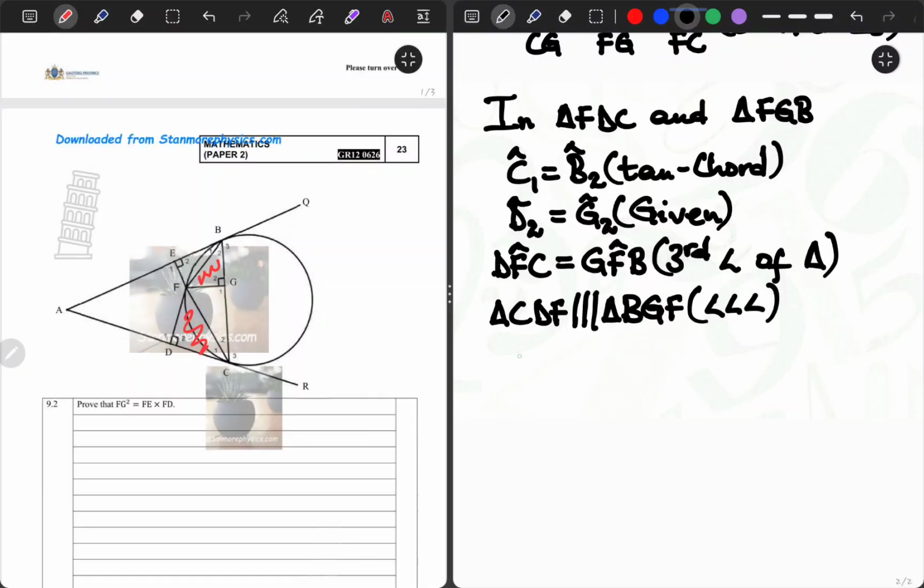We've got CD over BG, which is equals to FD over FG, and lastly FC to be equals to FG.